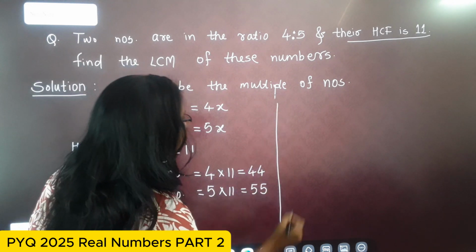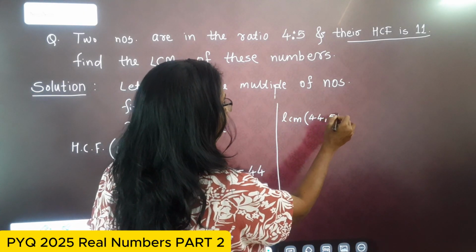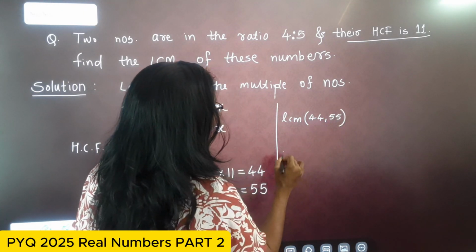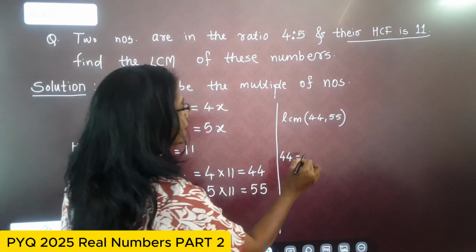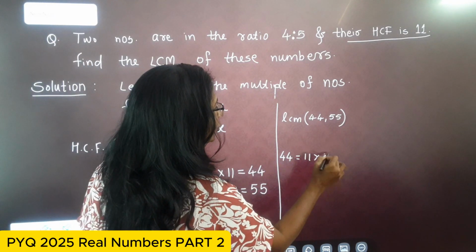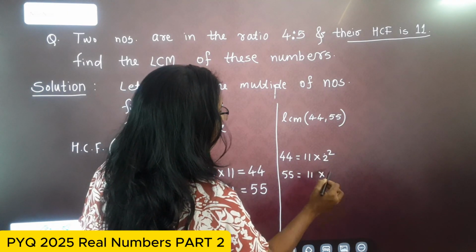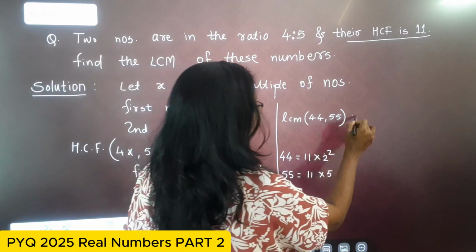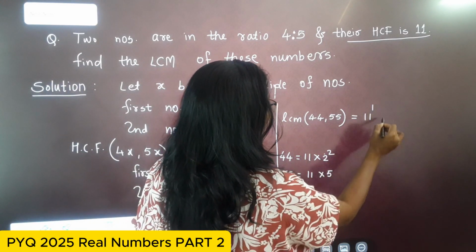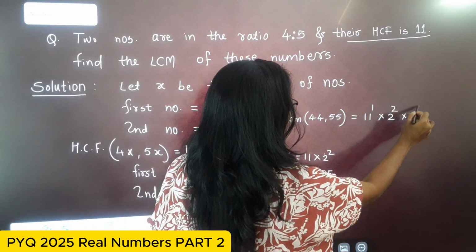Now the LCM of 44 and 55. The prime factorization of 44 is 11 multiplied by 2 squared, and of 55 is 11 multiplied by 5. So the LCM is 11 raised to 1 multiplied by 2 squared and 5 raised to 1.